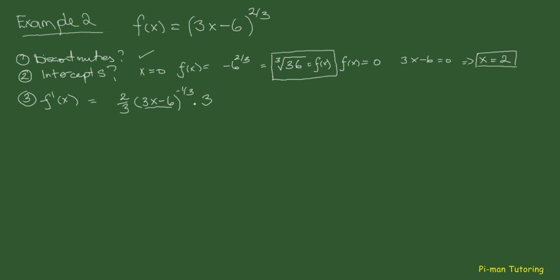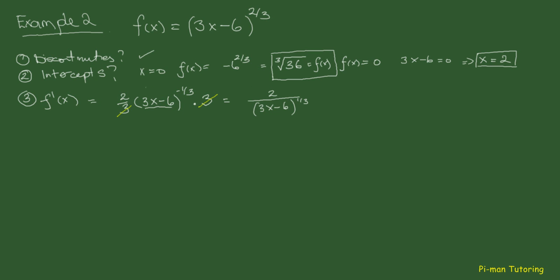So that'll give me a 3. Now this 3 and this 3 cancel out. So what I'm left with is 2 divided by 3x minus 6 to the power of 1/3.